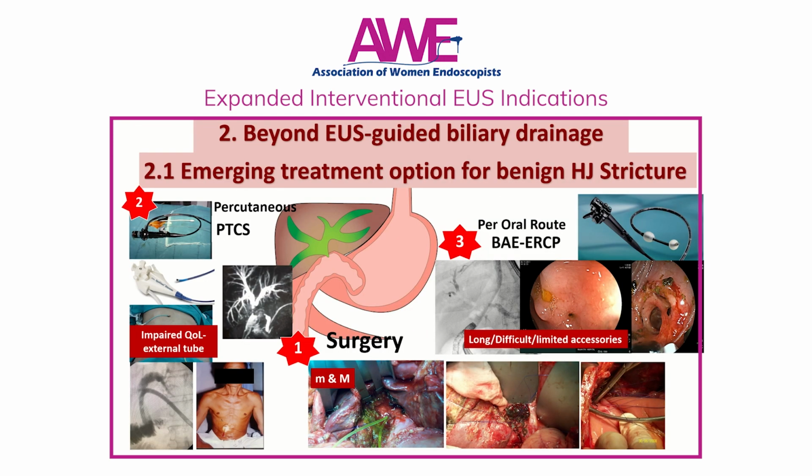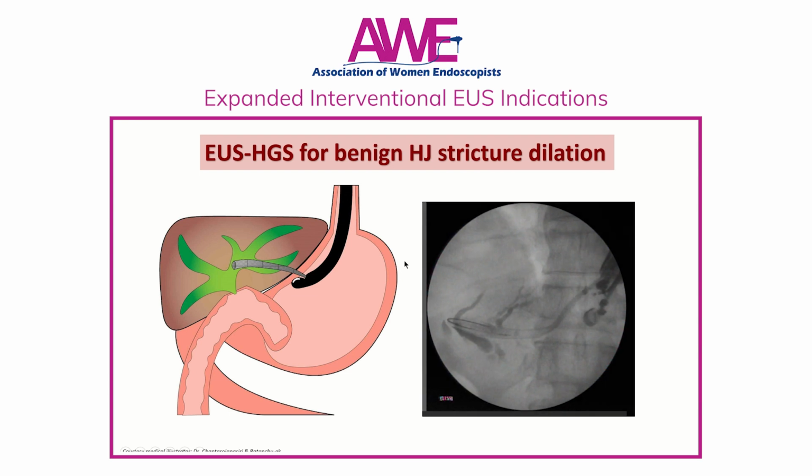Moving on to another indication for interventional EUS, which is the treatment of benign hepaticojejunostomy and anastomotic stricture. Conventionally, surgery, percutaneous approach, and balloon-assisted ERCP have been established treatment modalities for this problem. However, with EUS technology, this condition can be treated through EUS as well.